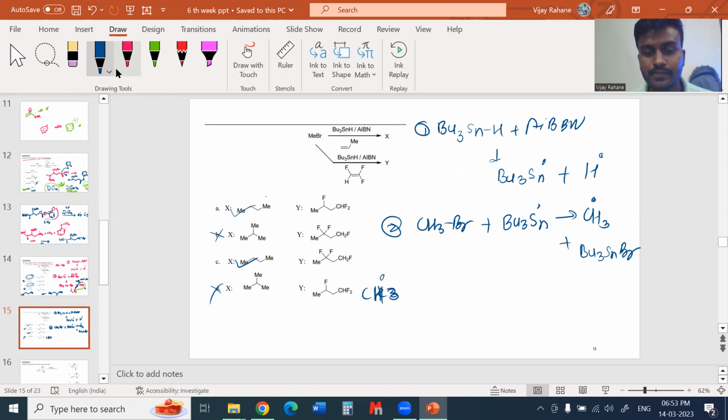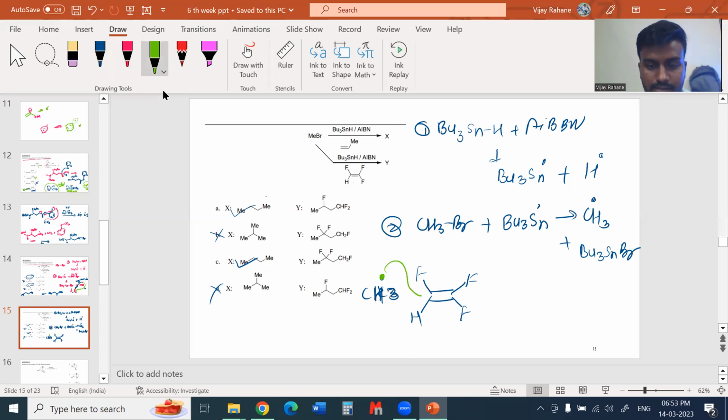This CH3 radical then reacted with this molecule, right? Now here we can see this CH3 radical can attack at this position or at this position. So there are two possible pathways, this A path and the B path.